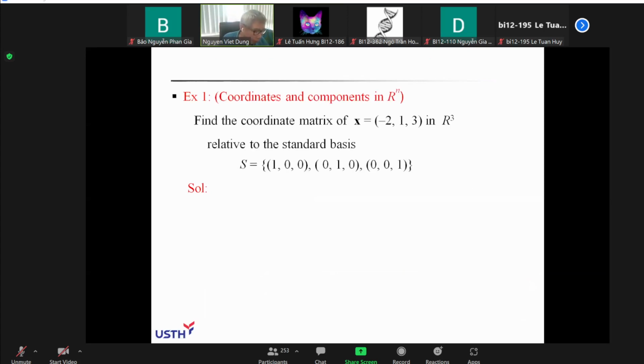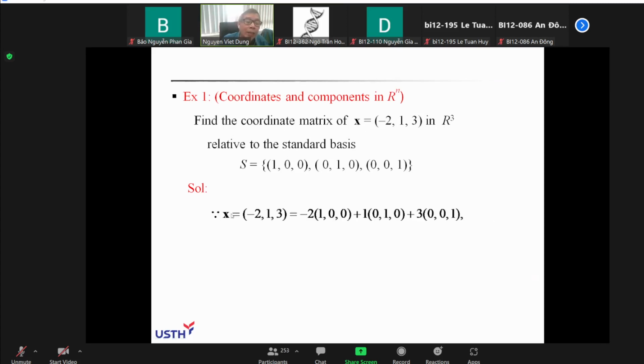Now here are some examples. Suppose that in 3-space R3, we consider the standard basis S. If you are given X in R3, what is the coordinate matrix or coordinate column of X?